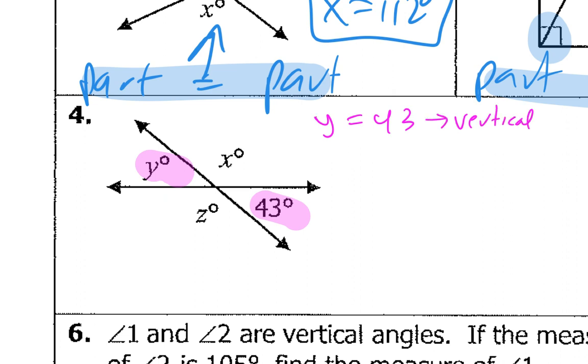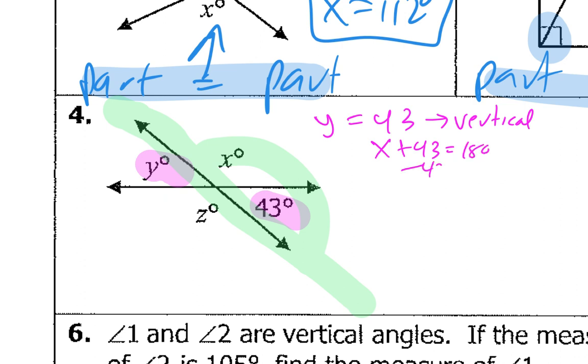Now, what else do we know? Well, if that one's 43, and that's Y, we know that these two have to add up to 180. Think about that. If I have a straight line like this, these two add to 180. So for X, I can say X plus 43 equals 180.